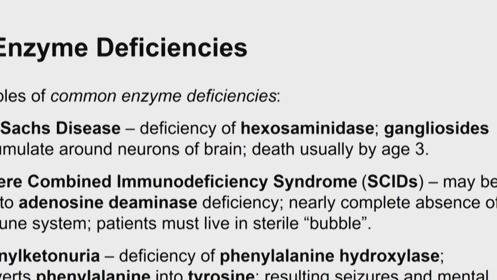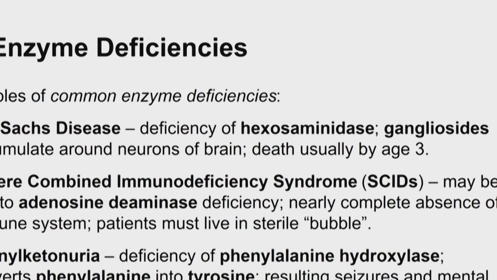Also, if you've ever heard of the boy in the bubble, or somebody that's severely immunocompromised, severe combined immunodeficiency syndrome is also caused by the lack of an enzyme, adenosine deaminase. If you don't have that, you basically don't have an immune system, okay?